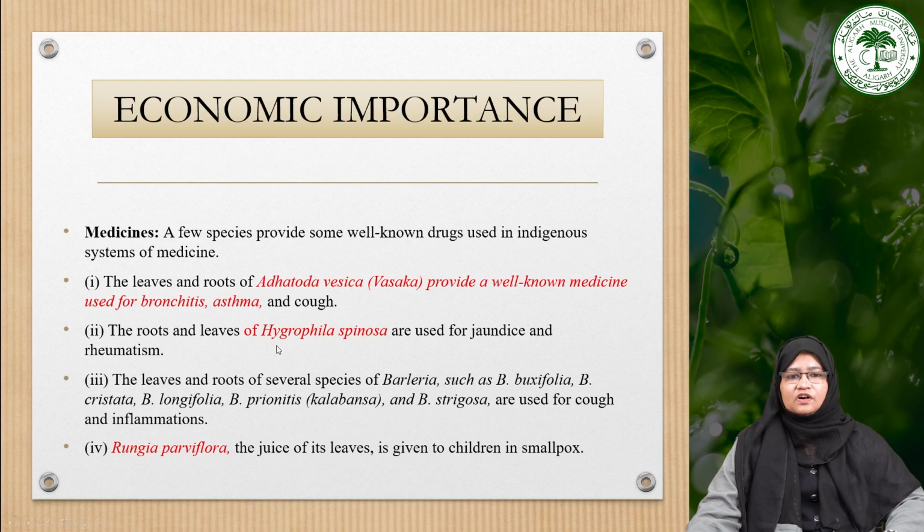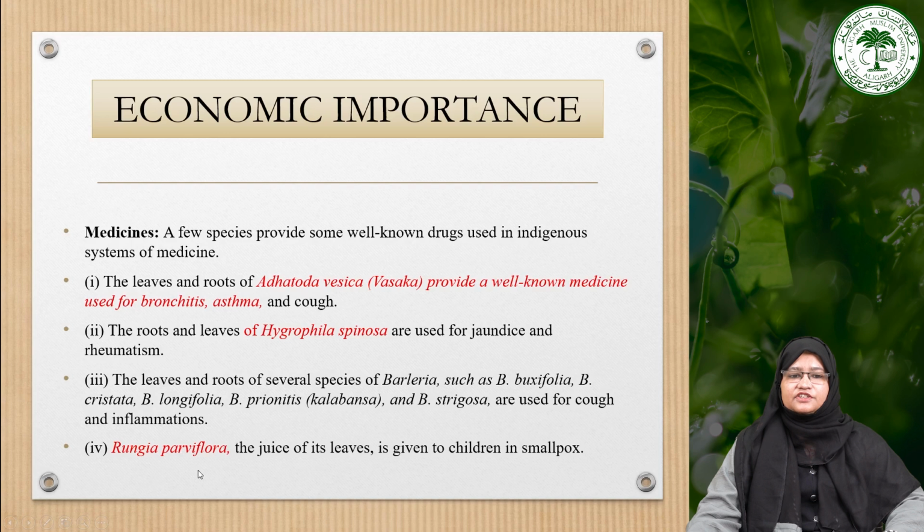The roots and leaves of Hygrophila spinosa are used for jaundice and rheumatism. The leaves and roots of several species of Barleria, such as Barleria buxifolia, Barleria cristata, Barleria longifolia, Barleria prionitis, and Barleria strigosa, are used for cough and inflammations.